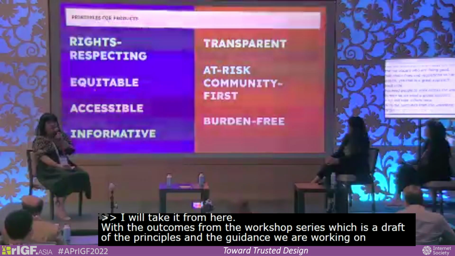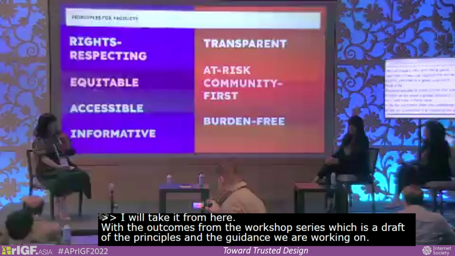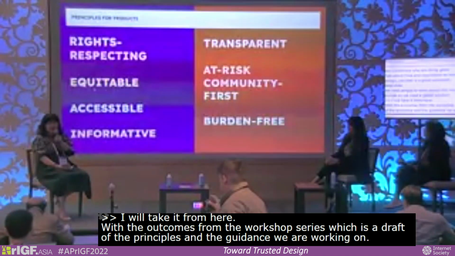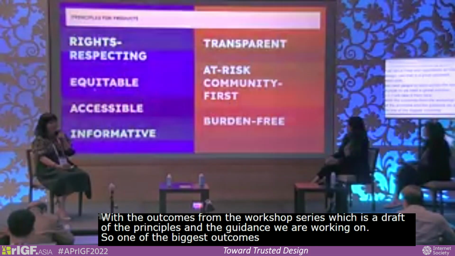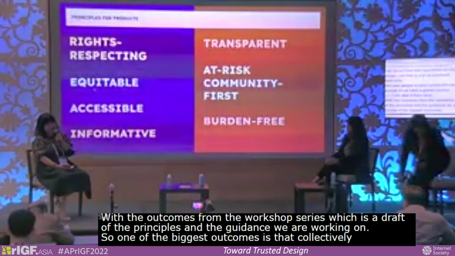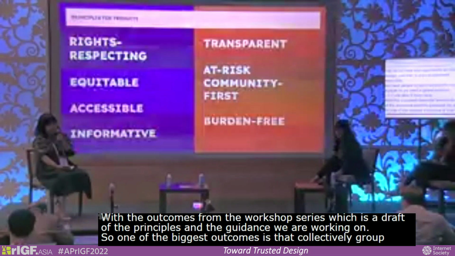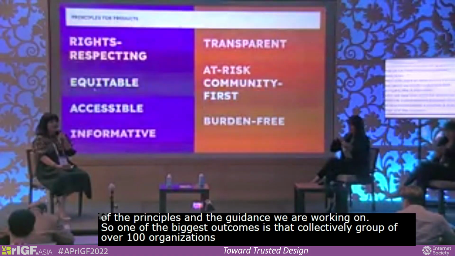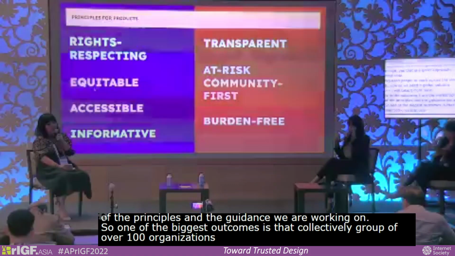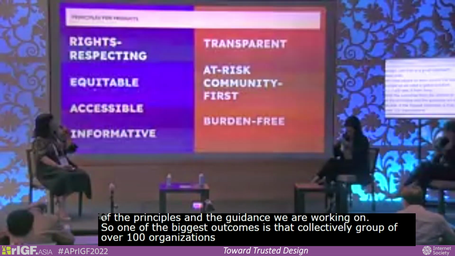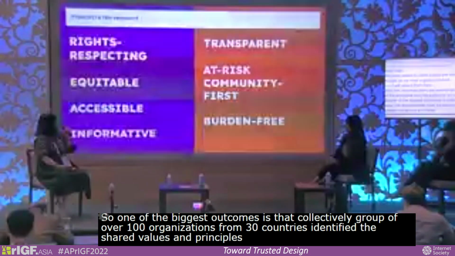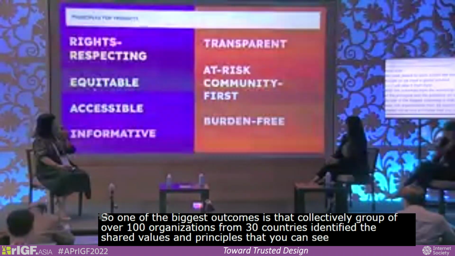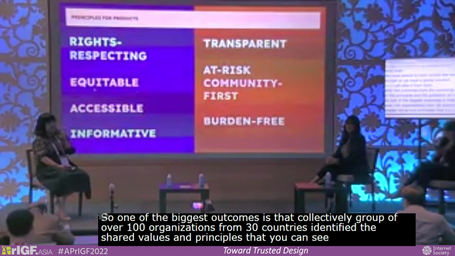One of the biggest outcomes from the workshop series is that collectively, a group of over 100 organizations and participants from 30 countries identified these shared values and principles that you can see from the slides: rights respecting, equitable, accessible, informative, and transparent, at-risk, community first, burden-free.